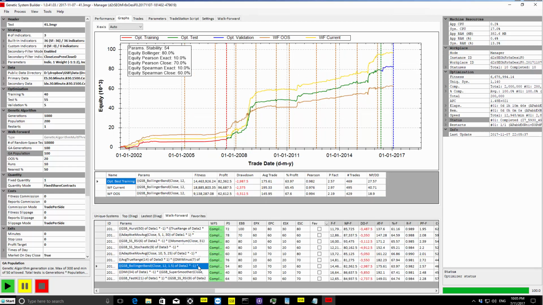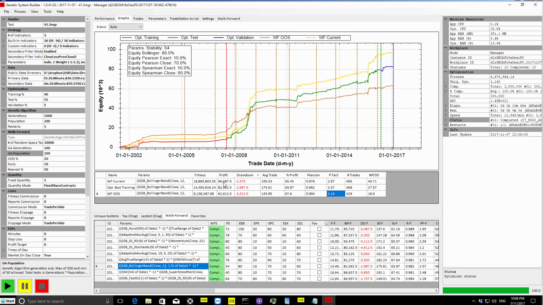So again, this is a fairly typical walk forward curve. Consistency in trades. Profit factor is reasonably consistent. You can see that the profit factor is increased in the final walk forward. It's decreased out of sample, but it hasn't decreased badly. Drawdown is fairly consistent.